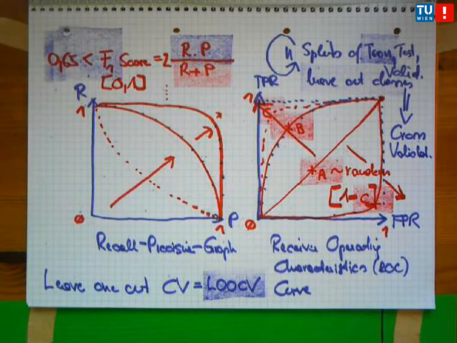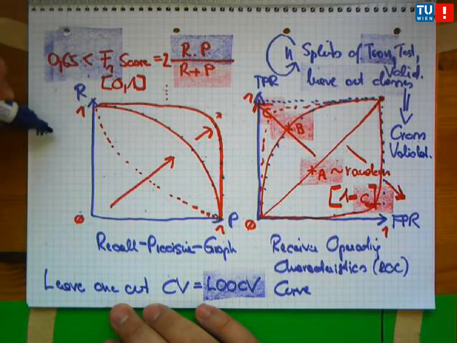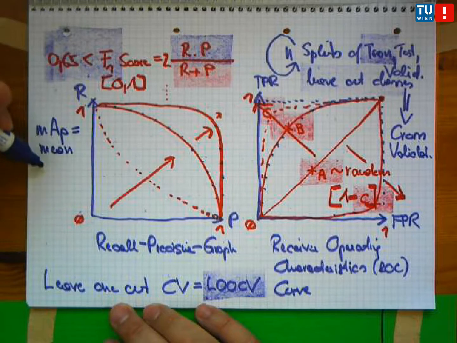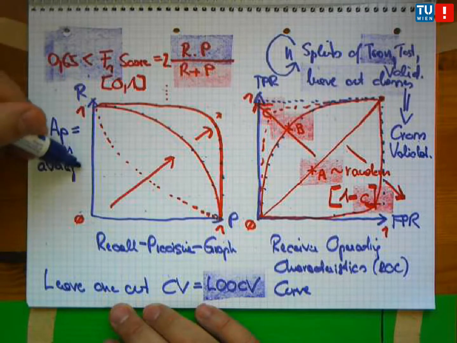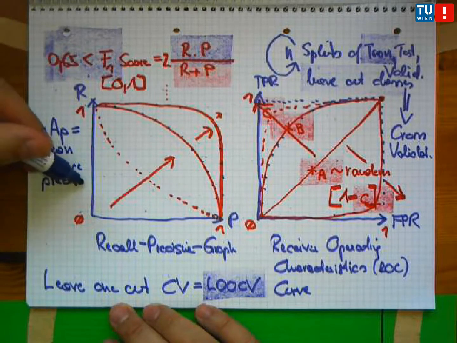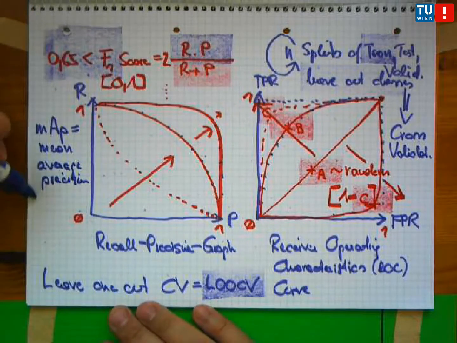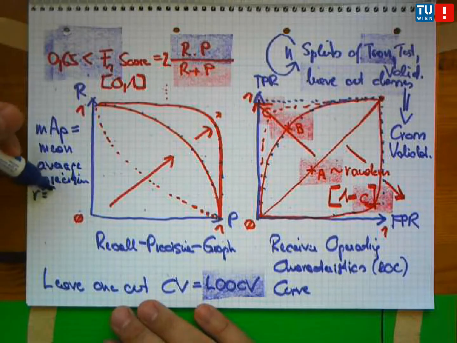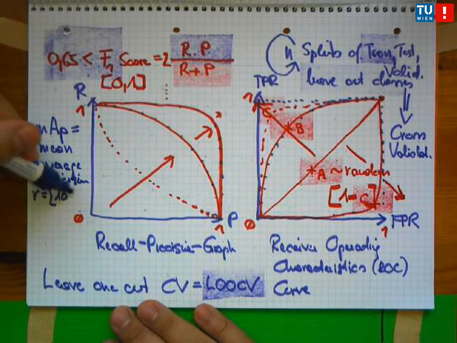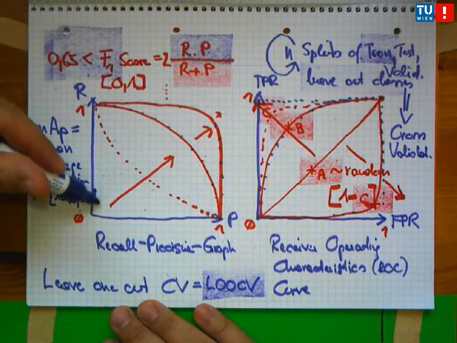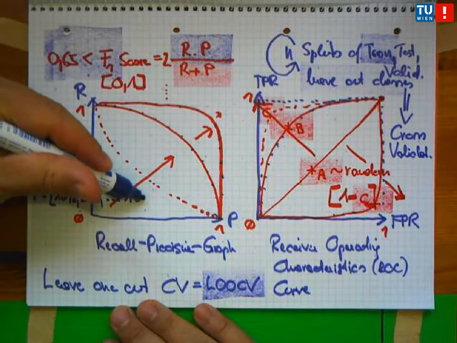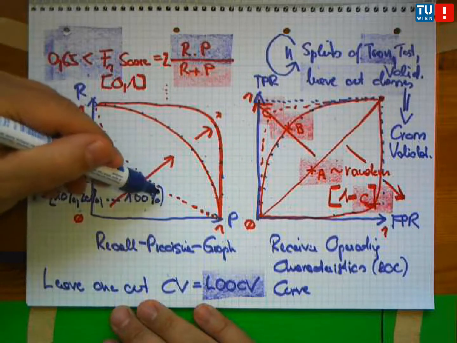Okay, last thing that I want to introduce is the mean average precision, because it's a popular measure in the world of deep learning. What you do there is that you define recall values such as 10%, 20%, up to 100%. Okay?